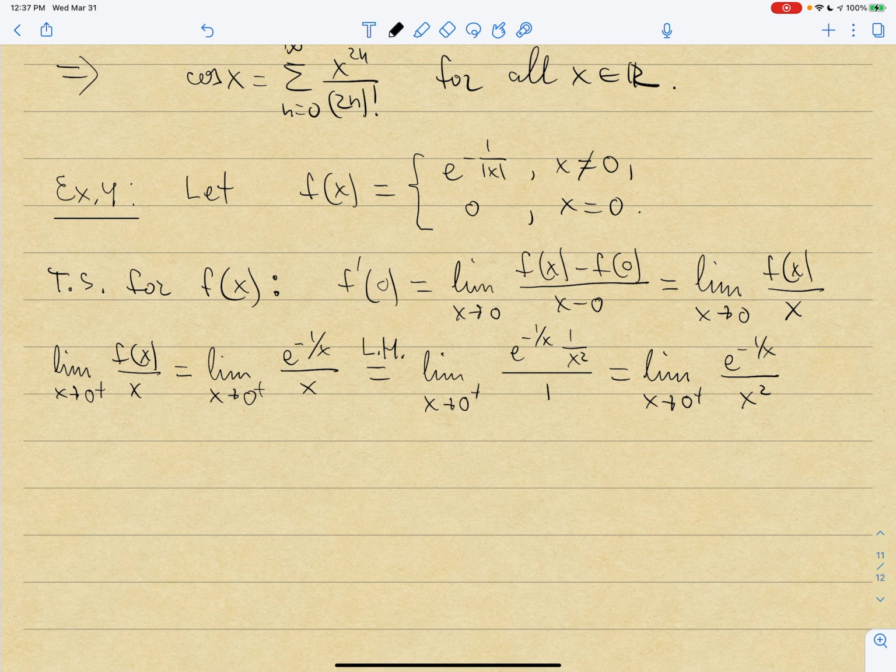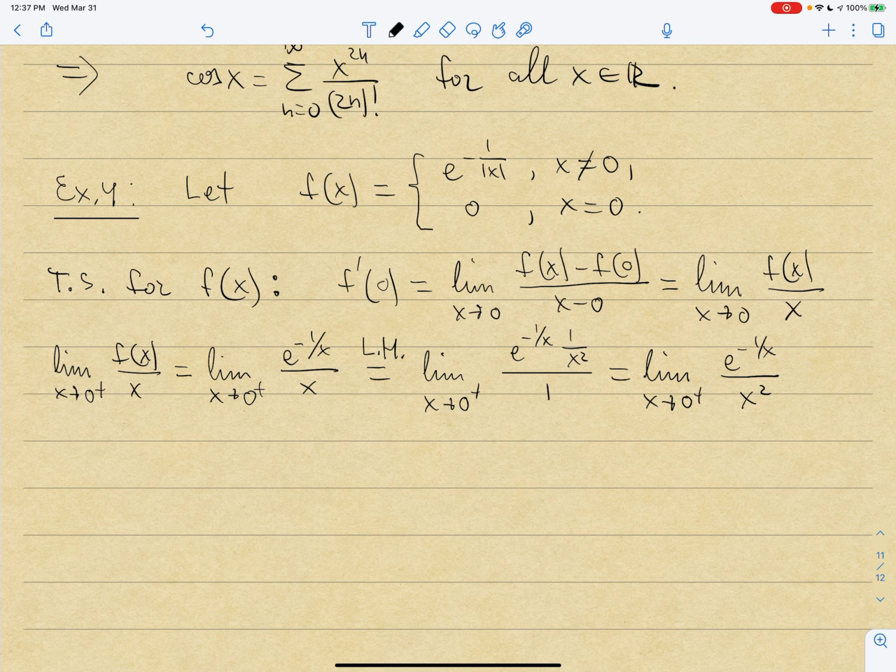Well, so have we achieved anything good here? No, because we started with e to the minus 1 over x, and we ended up with e to the minus 1 over x divided by x squared. So this is certainly not easier to compute because this is still in the indeterminate form. And that means that if I continue using L'Hopital's rule, I'm going to only increase the power of x in the denominator, and so that's not going to be of any use to me.